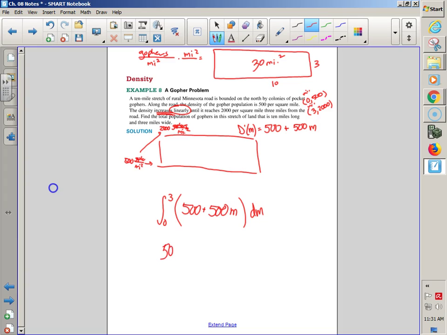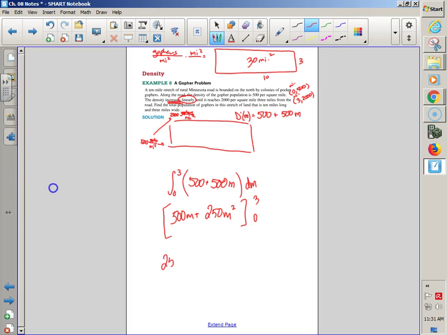Since it's definite, we don't need to worry about the plus c. Good. Can we make our lives a little bit easier by pulling out a 250m? Now what?